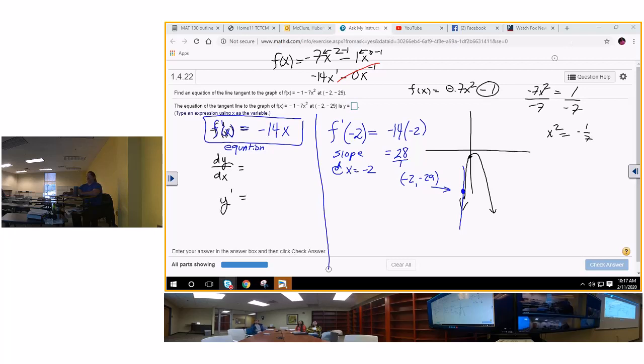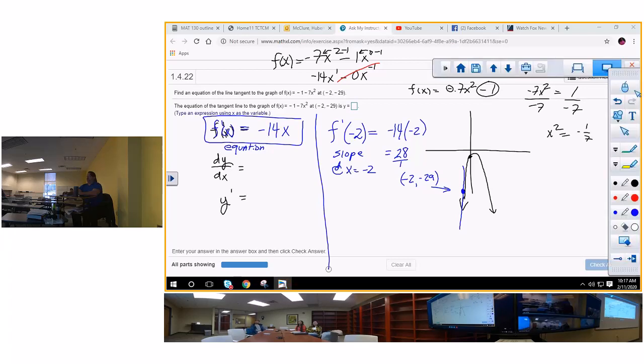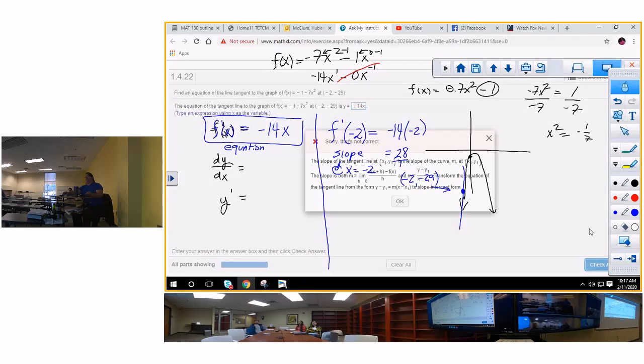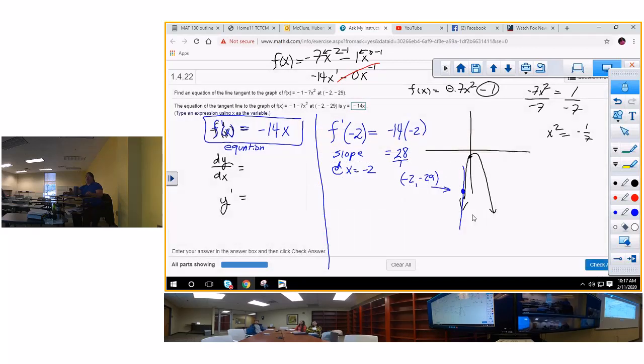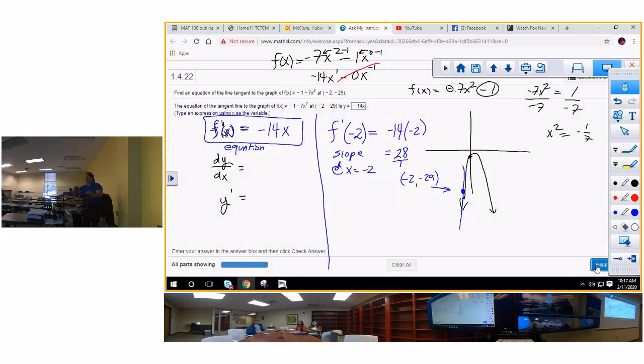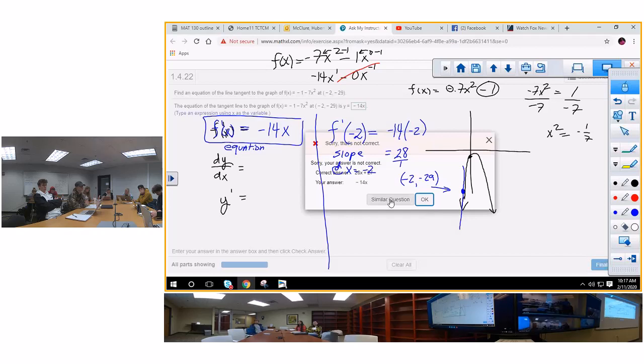Pendleton, settle down, please. All right, so here we go. Negative 14x. And we feel good about ourselves. I have no idea what they're wanting because that's the right answer.